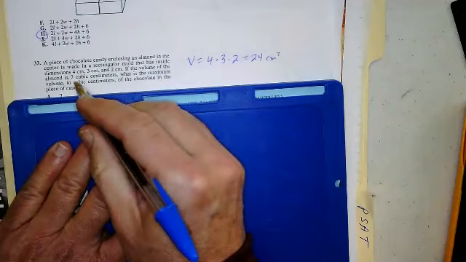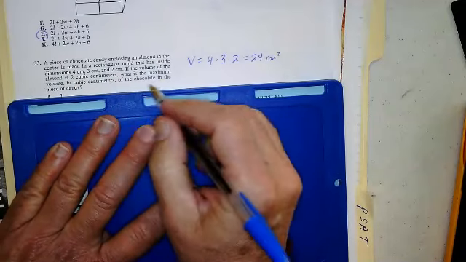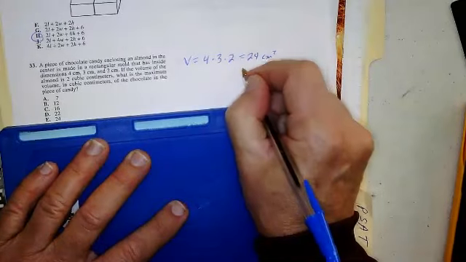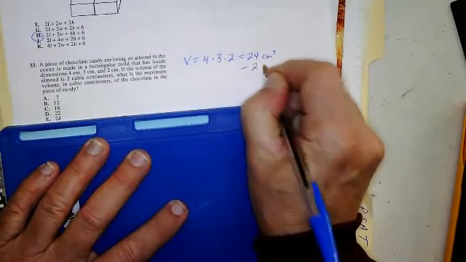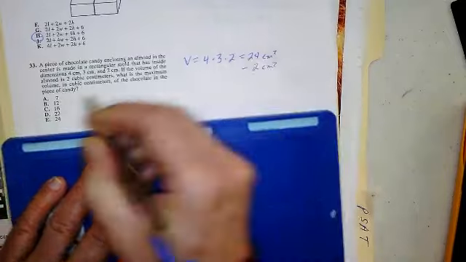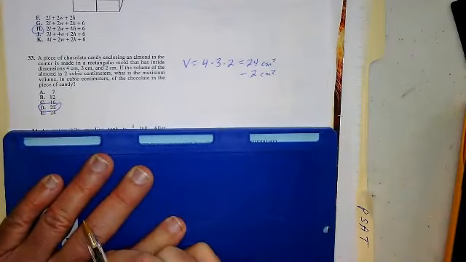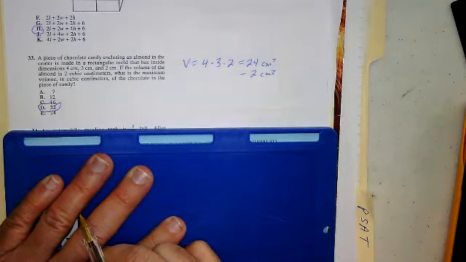If the volume of the almond is 2 cubic centimeters, what's the maximum volume of the chocolate? Well, so we just take 24 minus 2, and then that answer is D, 22. Hope that made sense.